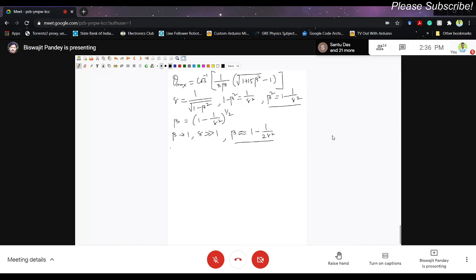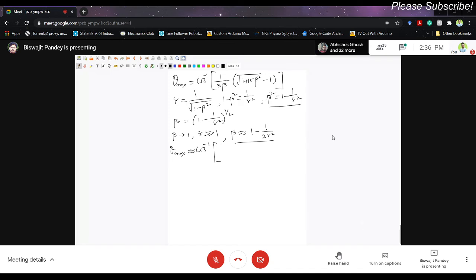So theta max is almost equal to cos inverse, not exactly equal, because we are approximating. This is a relativistic particle, beta tends to 1, it is not exactly 1. And then I am just putting the value 1 by 3 beta, where beta is already there.